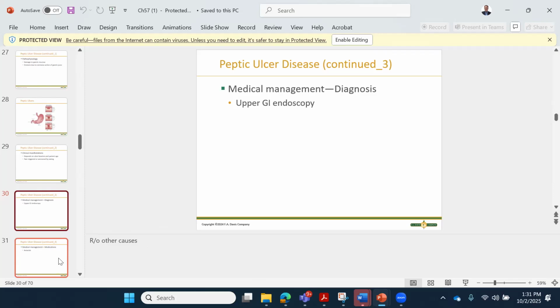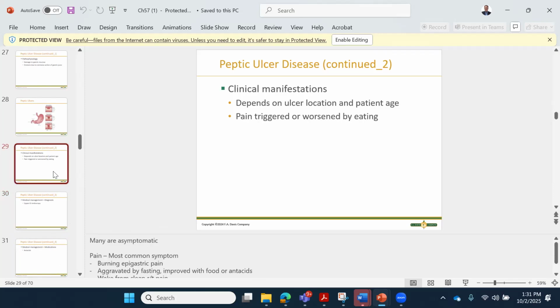take too many antacids. The other thing to keep in mind when it comes to antacids is that you want to think about things like metabolic alkalosis. You also want to think about the relationship between taking antacids and taking other medications.